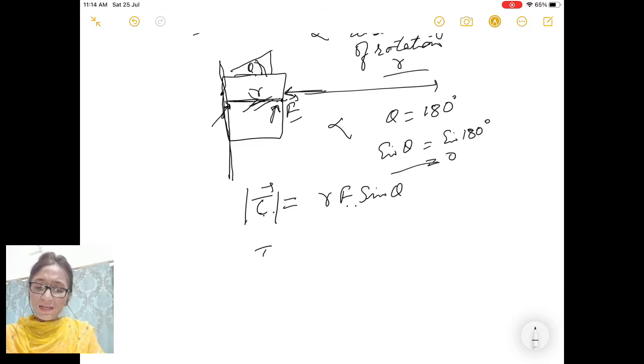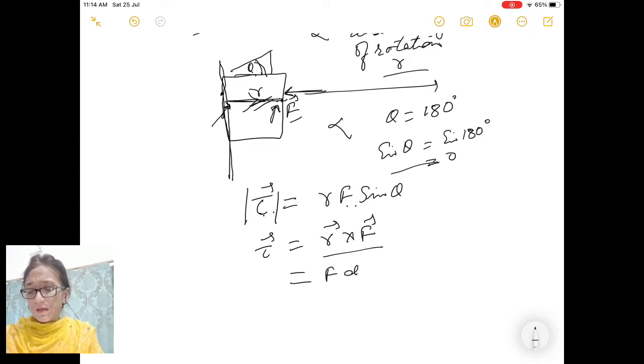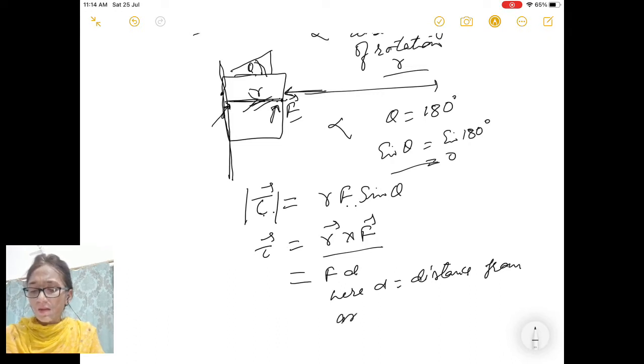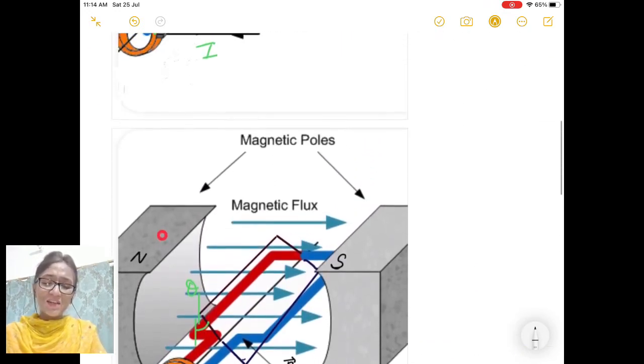You can also write it as the vector product R cross F. And this is equal to the force applied times the distance from the axis of rotation. So all these things we needed to learn once.